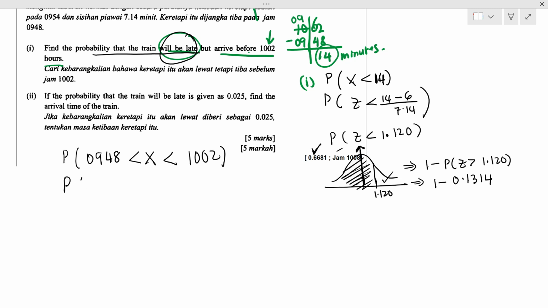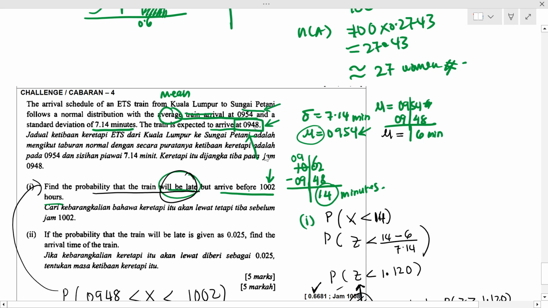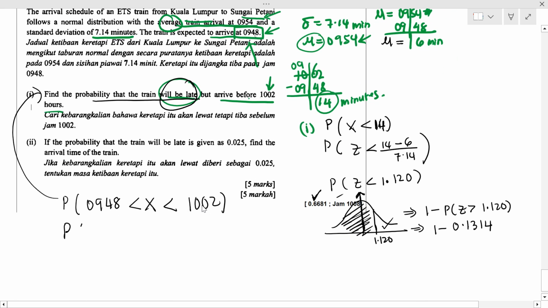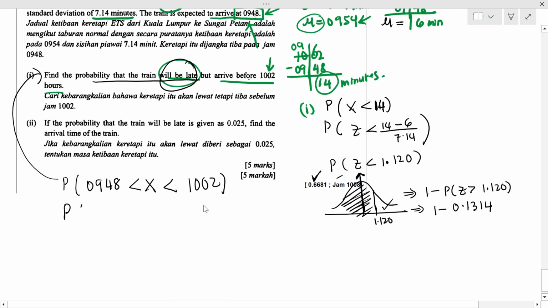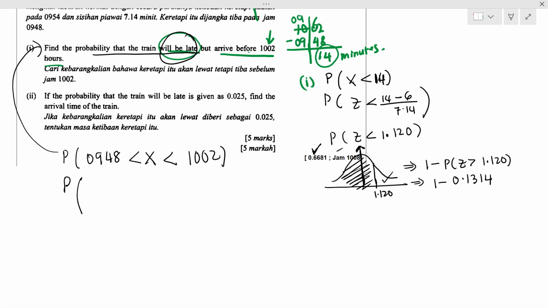So that is the meaning of this. They find the probability that the train will be late. That means late means what? The ideal time of arriving is 9:48, so it must be more than 9:48 but less than 10:02. So to calculate, now we convert into minutes.